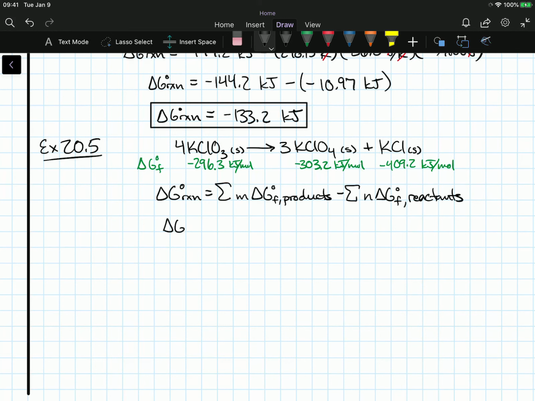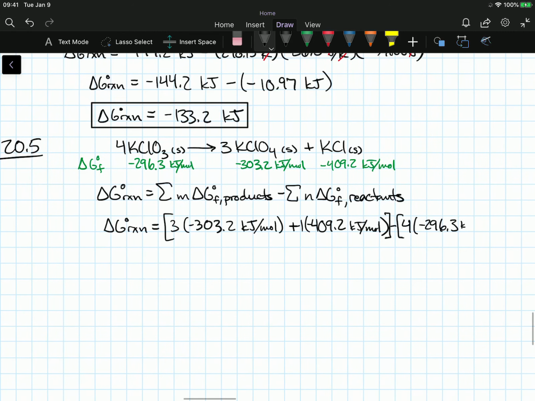So again, this just becomes delta G naught reaction is equal to the 3 moles times the negative 303.2 kilojoules per mole plus 1 mole times negative 409.2 kilojoules per mole minus, close that bracket, open another one, minus the 4 moles times negative 296.3 kilojoules per mole.